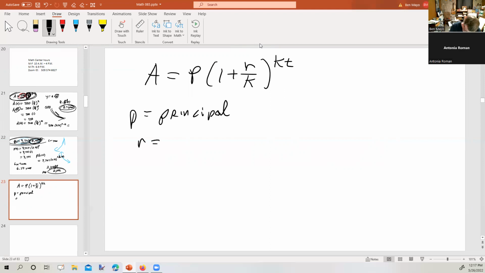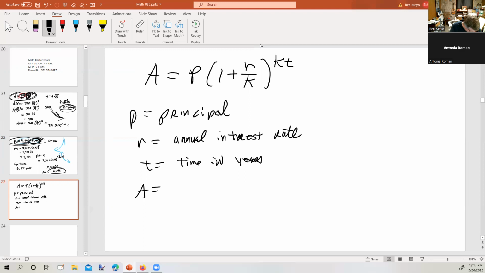R stands for the annual interest rate. T stands for time in years. A stands for, I'm going to say accumulated amount. I don't know if there's two C's at the beginning of that or not.